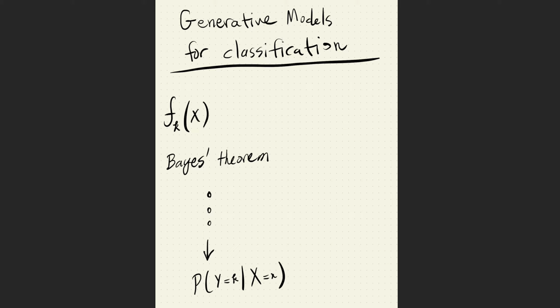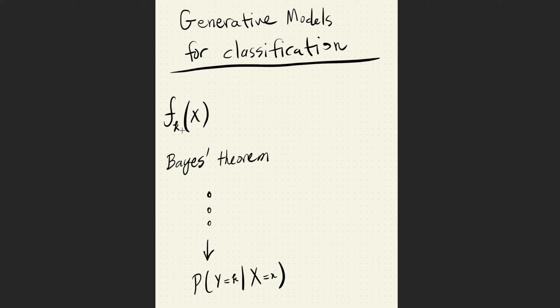Now, an alternative way of looking at this would be an indirect way. In this approach, we first start by modeling the distribution of the predictors separately in each of the response classes, meaning for each value of y. And we refer to it as fk of x. Little k here indicates the response class.